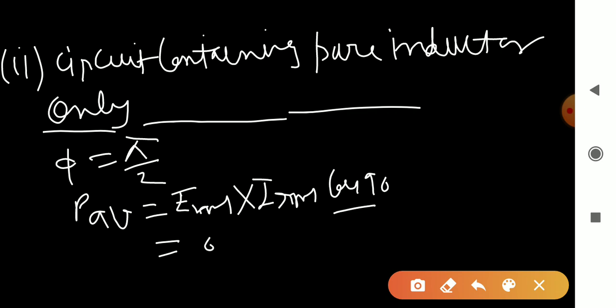So when the circuit contains pure inductor only, the average power is 0. The third point is the circuit containing pure capacitor only.